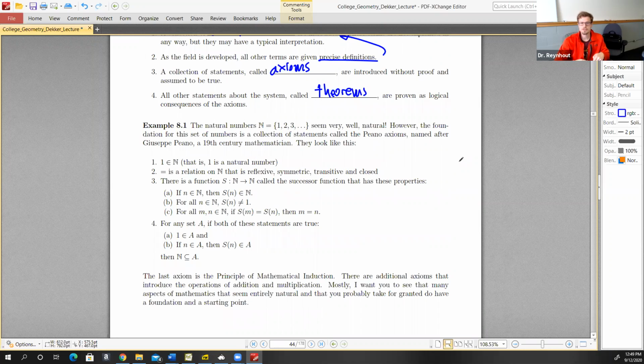So an example of this would be the natural numbers. These are numbers that we're super familiar with and seem extremely natural to us. They're also called the counting numbers because if I wanted to count how many pens I have, you might be able to see here in my hand, I've got 1, 2, 3 pens in my hand.